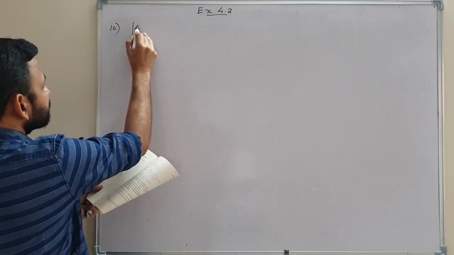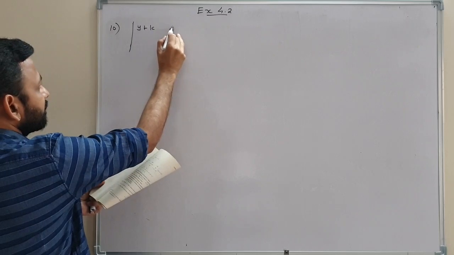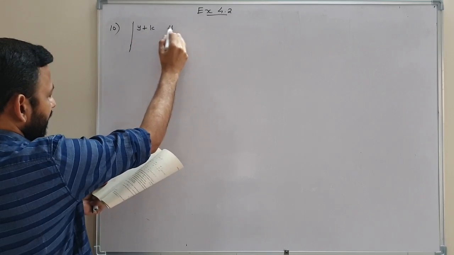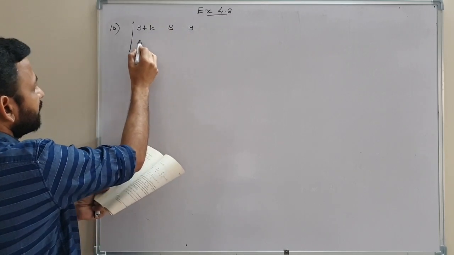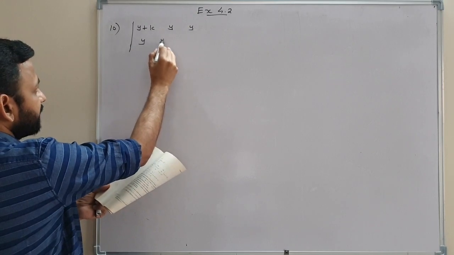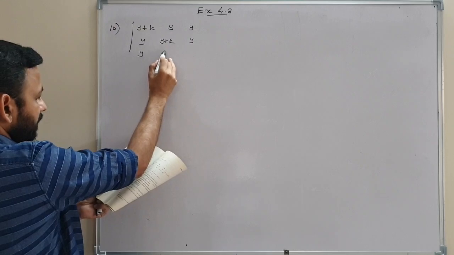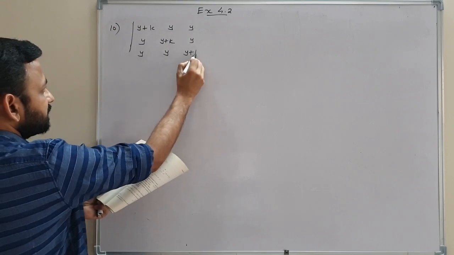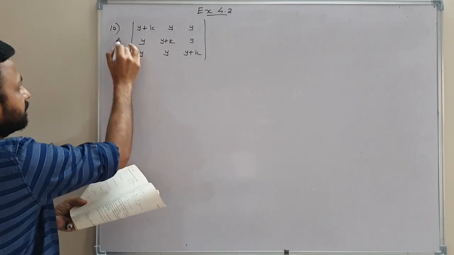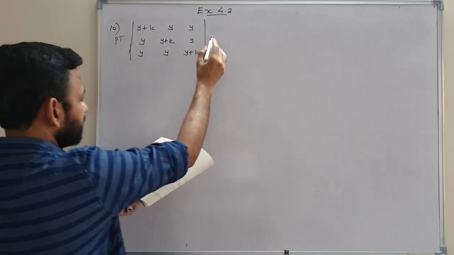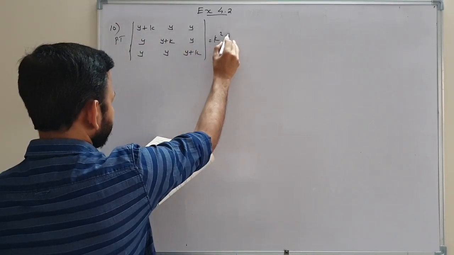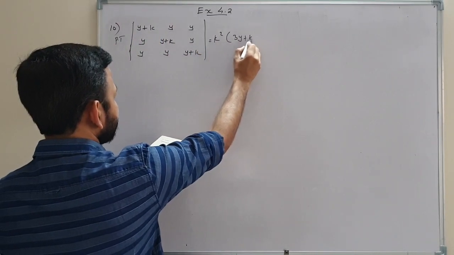Determinant y plus k, then y, again y, then y, y plus k, y, again y plus k. So we need to prove that LHS equals k square into 3y plus k.